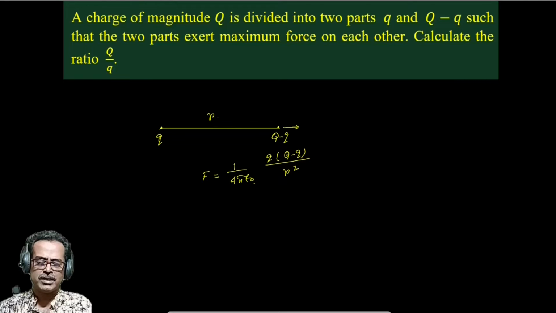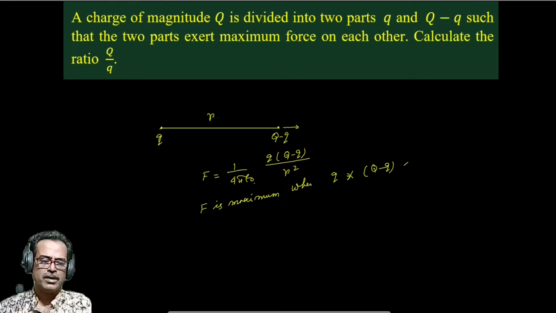So we can say that the force will be maximum if q into Q minus q is maximum, because the other factors remain constant. 1 by 4 pi epsilon 0 is constant and r square is constant.